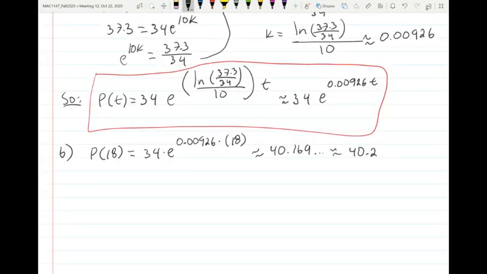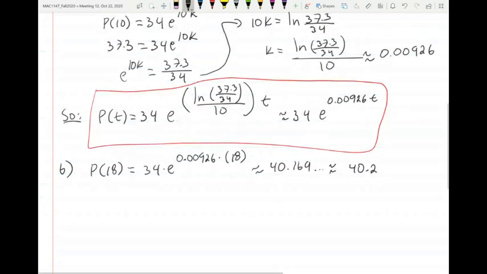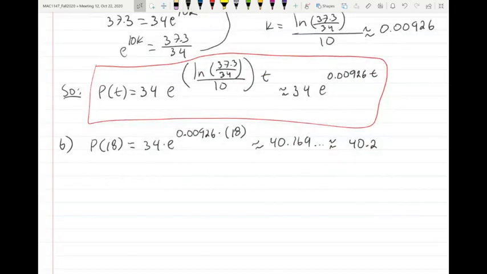And the reason is because the problem itself gave you data rounded to one decimal place, right? When they say 37.3, that's why here we're rounding to one place as well. So 40.2, and remember this is in millions.